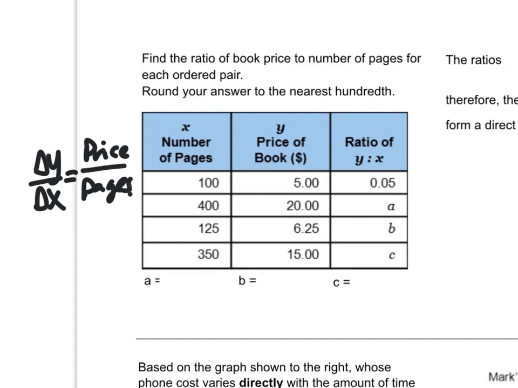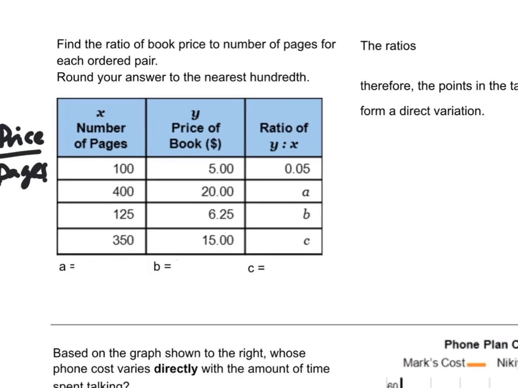If you have a book that is 100 pages and the cost of that book is $5, then if you take 5 and divide it by 100, you get 0.05. That would be the cost per page. Let's see what happens if I have 400 pages and the cost of the book is 20.